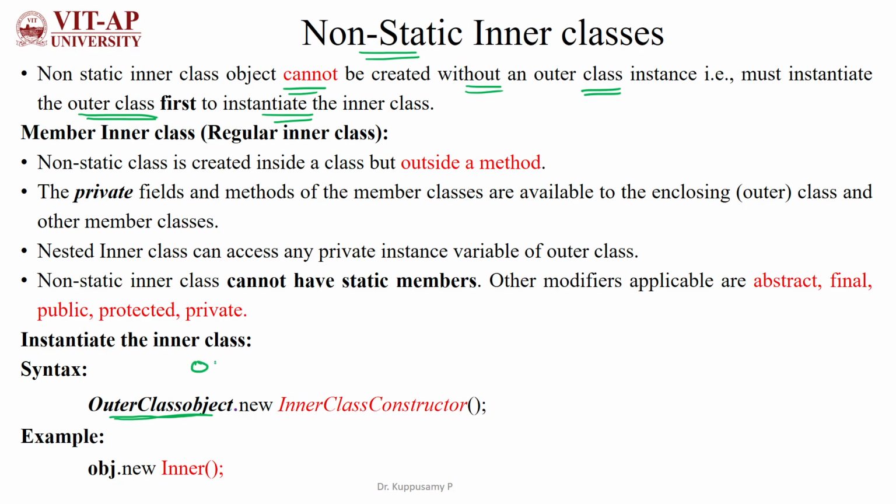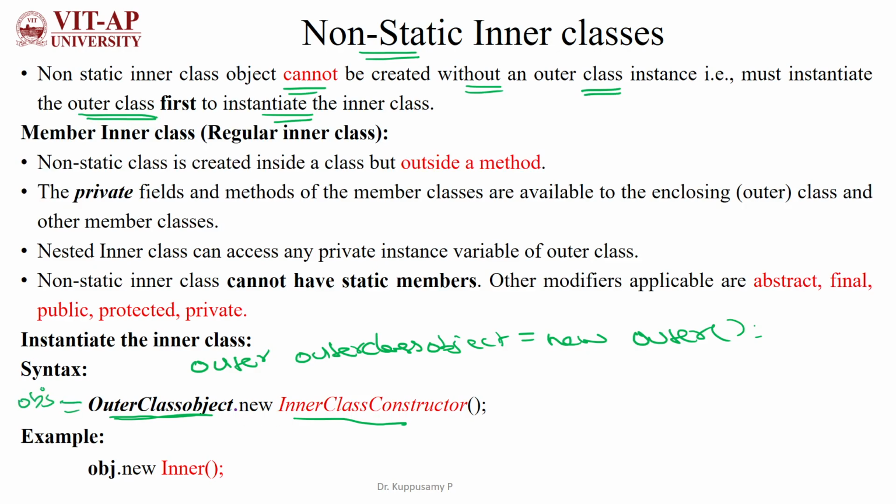Then this variable is used to create the inner class object, and we can define it like obj1. So the outer class object is used to create the inner class object.